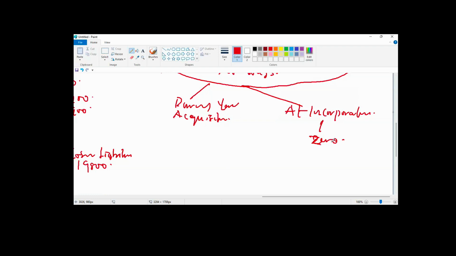But when it is during the year acquisition, he acquired during the year, I will now apply this formula.